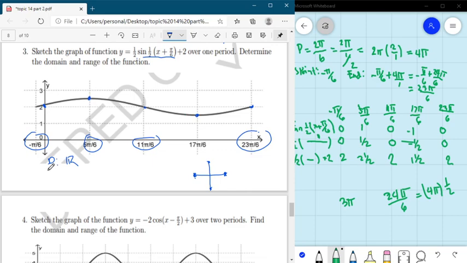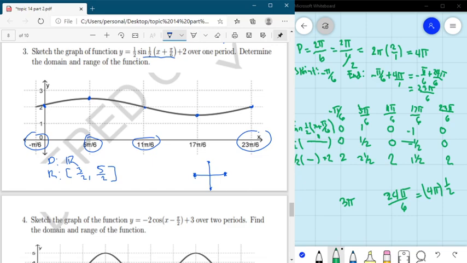So, therefore, we can say the range, since it is periodic, just repeats in that part. It goes up to 2 and 1/2, then down to 1 and 1/2. So your range is a closed interval from 1 and 1/2, which is 3 halves, to 5 halves. Okay? That's it. 3 halves is 1 and 1/2, then 2 and 1/2.